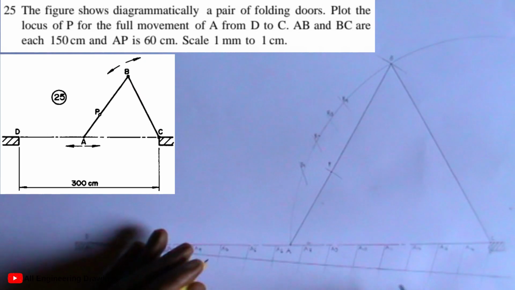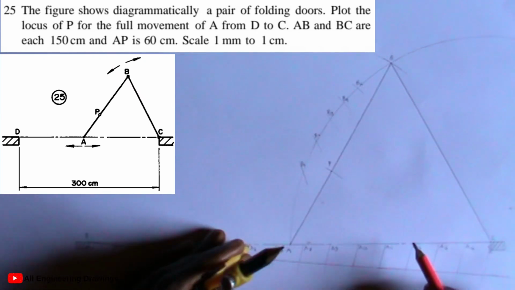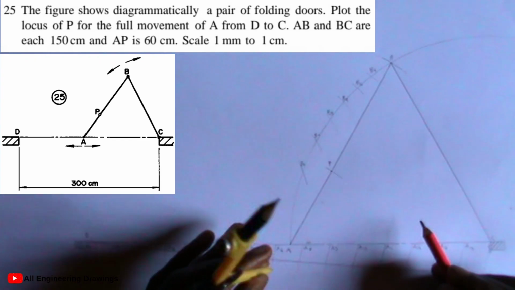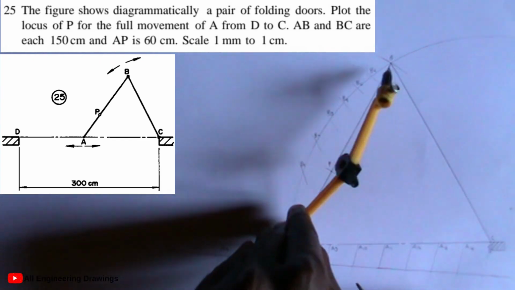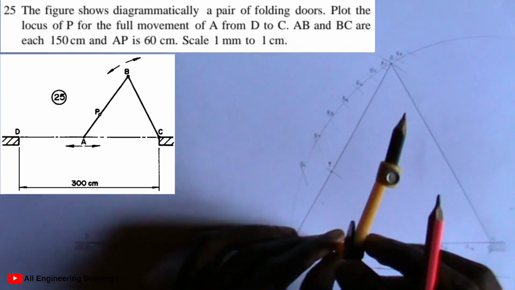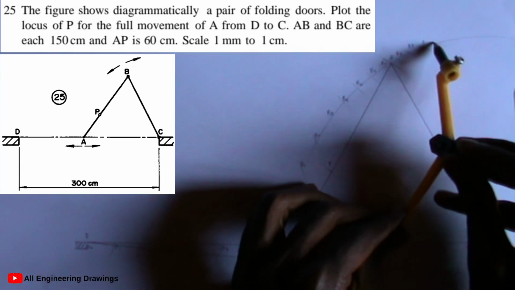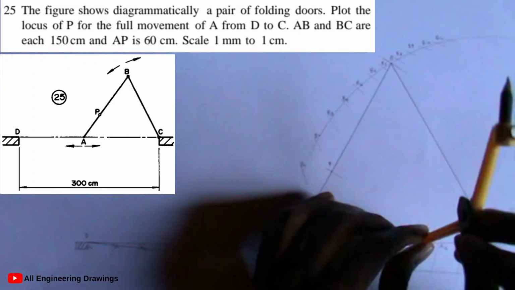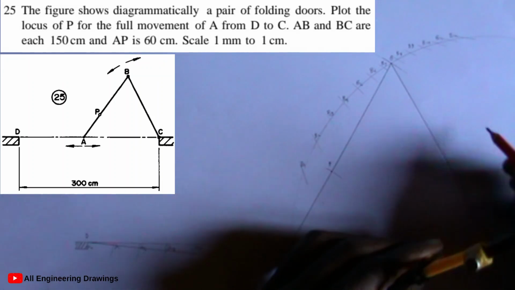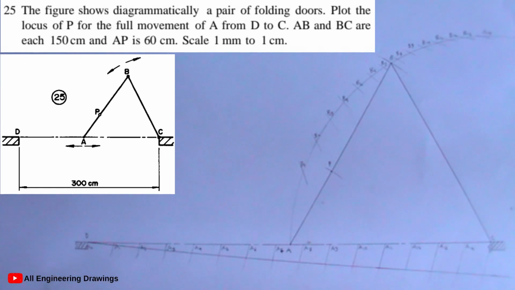So we'll continue in that manner till A14. So now we have our B1 down to B14.